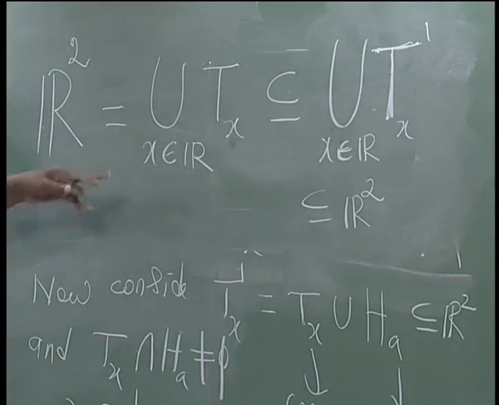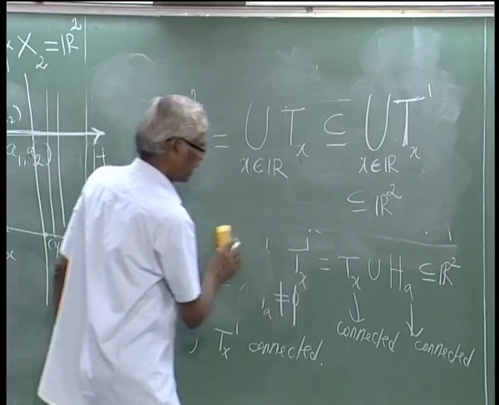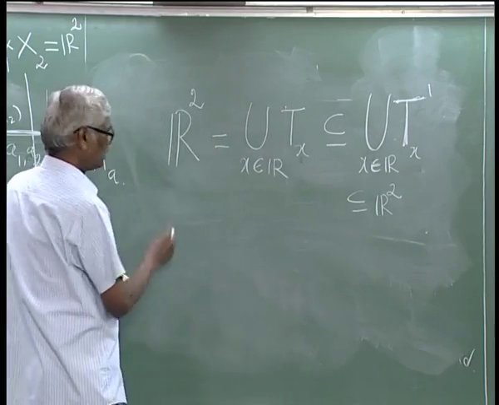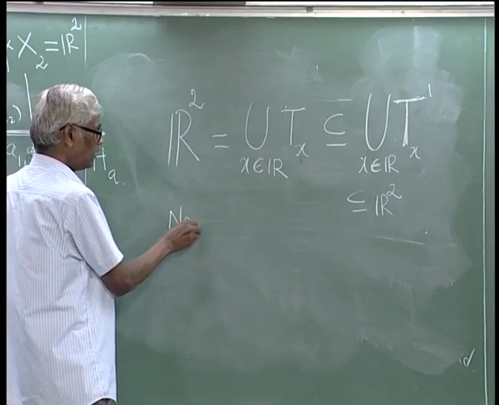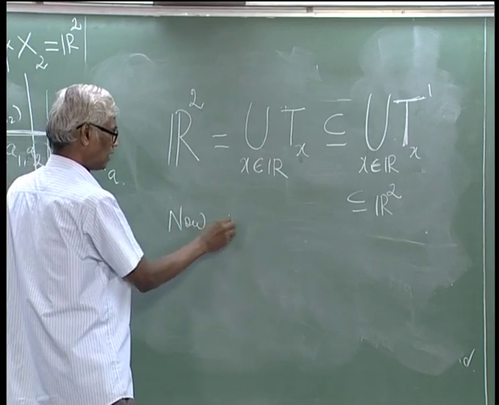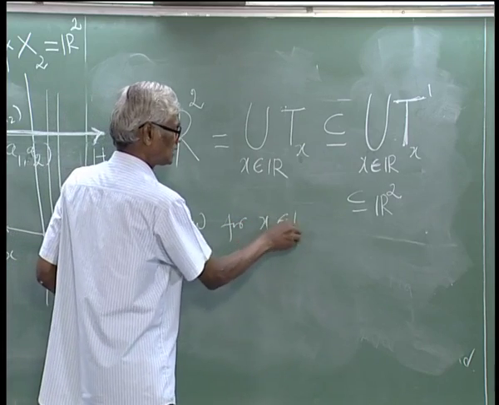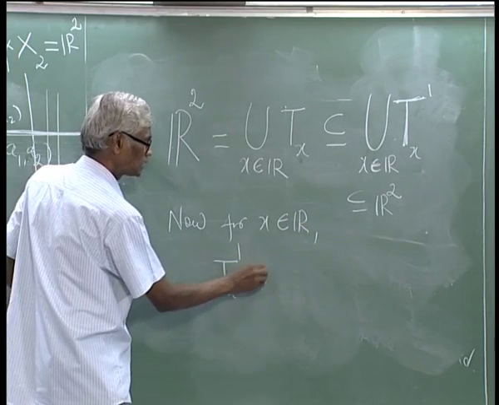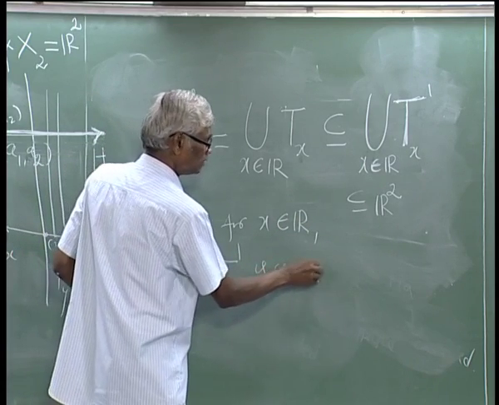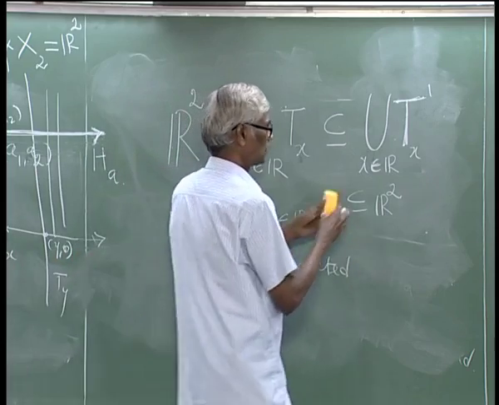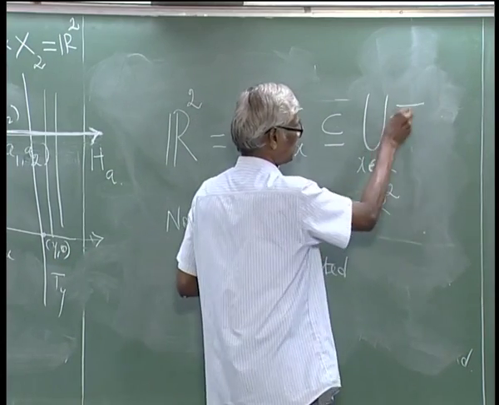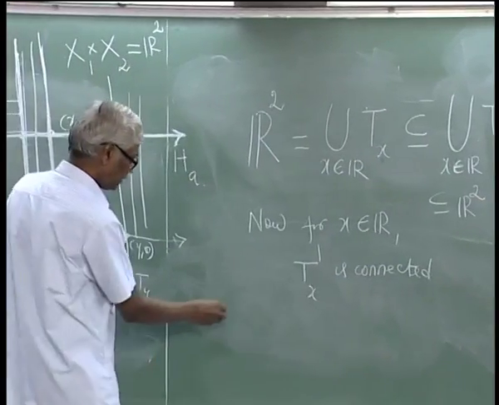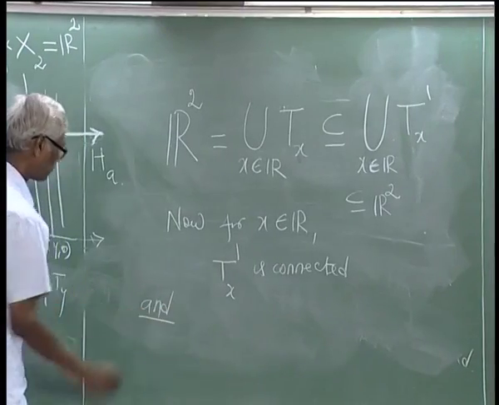Now, each T_x prime is connected for x in R, and we have a common point.